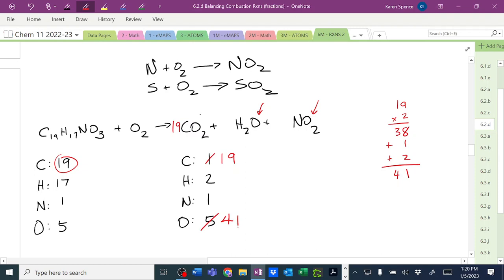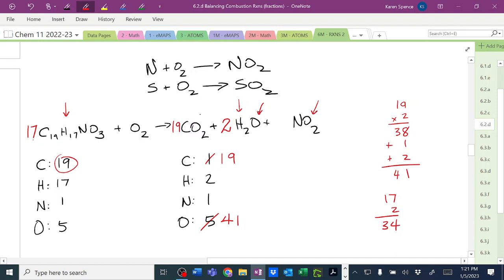Let's just keep going. Hydrogen. We have 17 hydrogen here, and we have 2 hydrogen here. I have an odd and an even number. What will I do? I have to find the lowest common multiple. So I have 17 and I have 2. So 2 times 17 is 34. So I'm going to multiply this one by 2 and this one by 17.